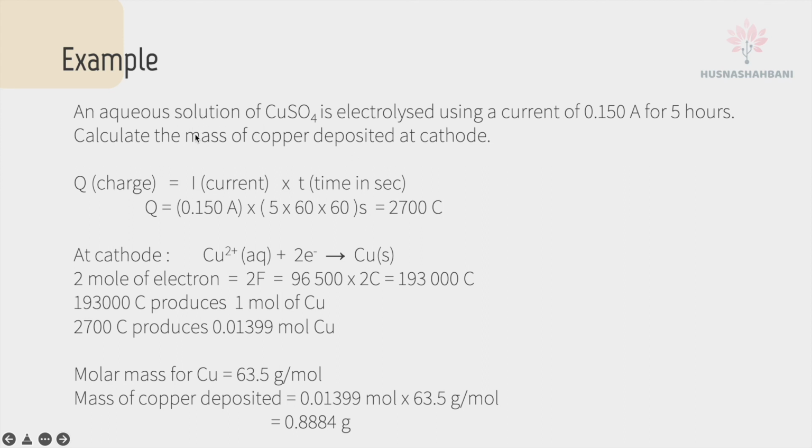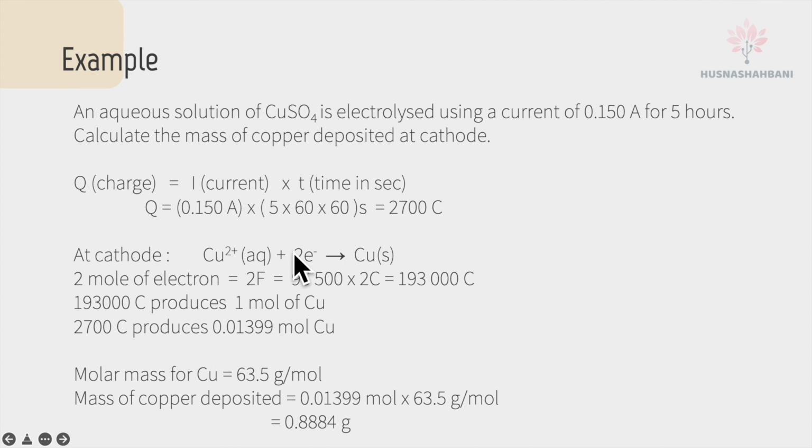We need to calculate the mass of copper deposited when we use 2,700 coulomb. At the cathode, reduction means gain electron. So the cation will gain electron, Cu2+ gains electron to become Cu solid.